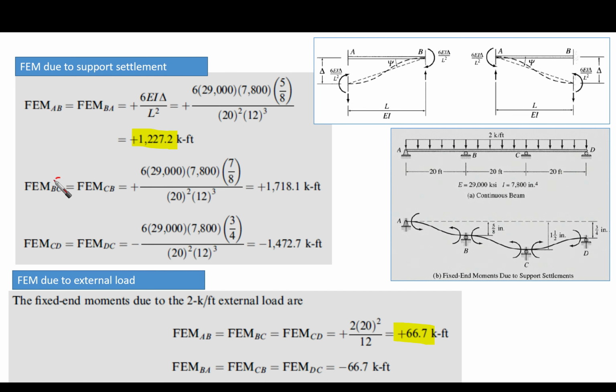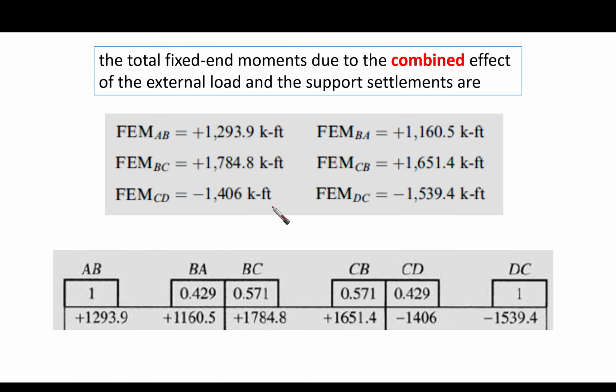In a similar fashion also for BC. This is BC. It is 1,000 something, and it is positive, so they are going to be added because they have the same sign, right? So it will be 1,784 something.